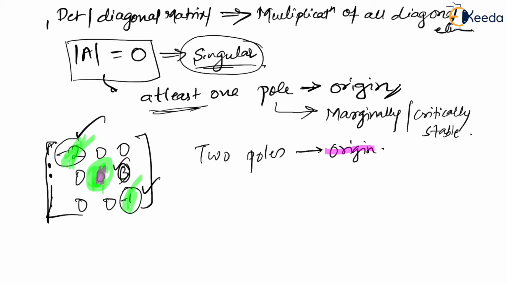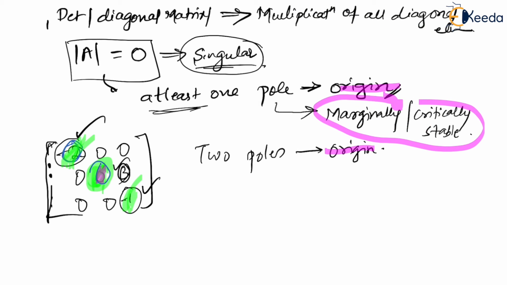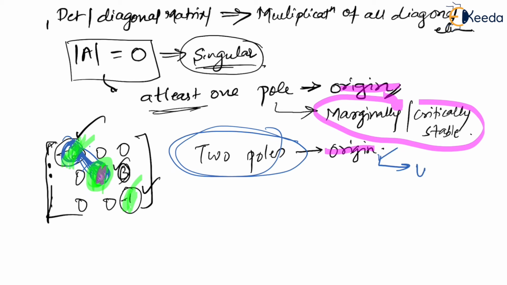If one pole is at the origin, it means the system is marginally or critically stable, which is right. But it may happen that this is also 0 and this is also 0. The moment both the poles are 0, there are two poles at the origin, which means it is going to be unstable. We have seen that.